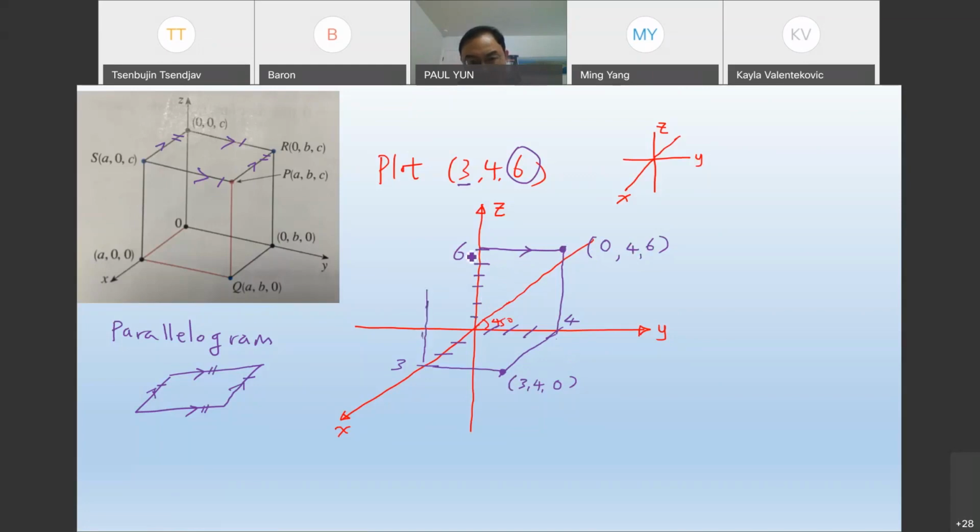Remember, parallelograms or rectangles, these are all rectangles. So we're making a box here. Make a box here, right? If you make a box, one of the corners is your coordinate, isn't it? Yeah, it's a parallelogram there.